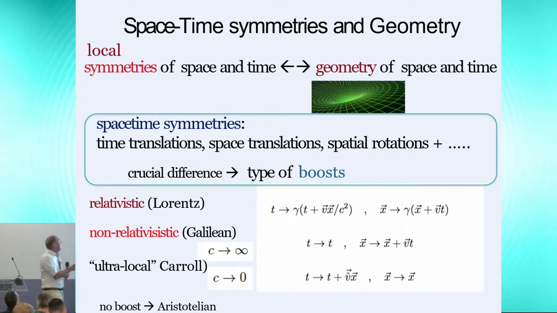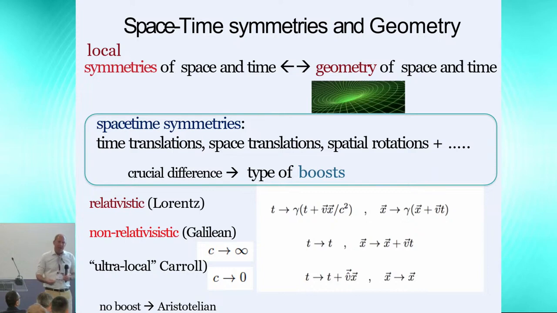So, in a nutshell, non-Lorentzian geometries just replace the local symmetries of space and time by some other symmetry group. That's what I call here space-time symmetries. Let's say the bare-bones space-time symmetries that we would like to include. Of course, you could also deviate from that, but they are like having time translations and space translations and spatial rotations for isotropic systems.